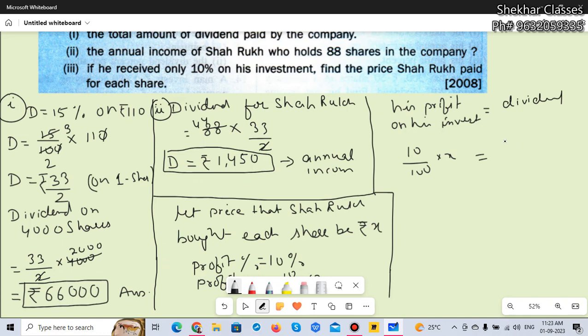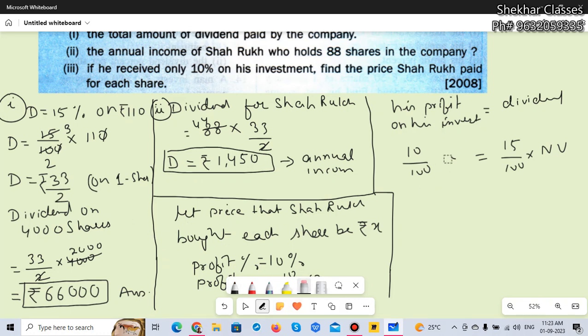The dividend was 15% of the nominal value, right? And X is the market value. We can make it more specific here. We have taken X there. You can take it as a formula.